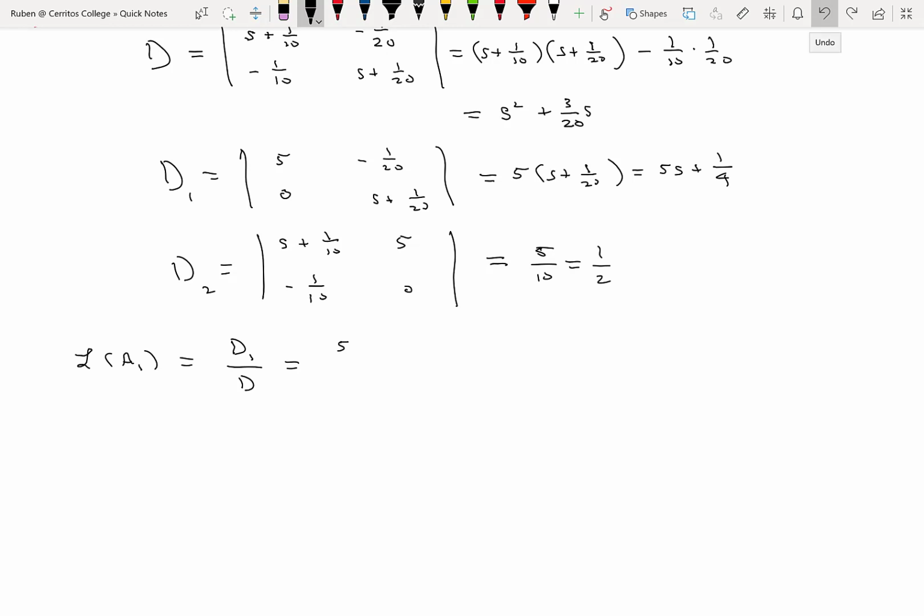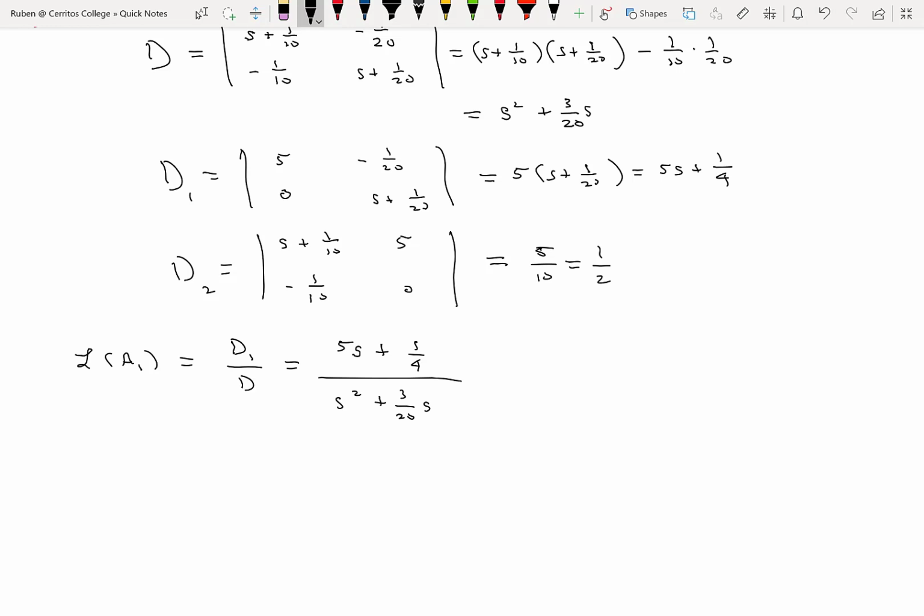My s's look like 5s, and now I need 5 times s. So I'll try to be real clear: here's 5, and here's s. It still looks like 55. So 5s plus 1/4 over s squared plus 3/20 s.